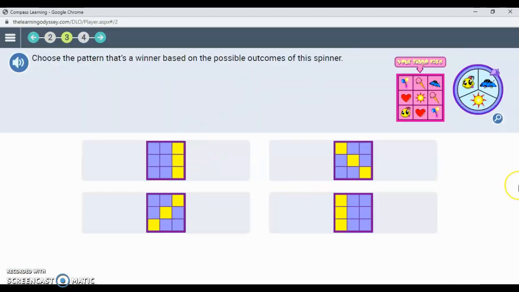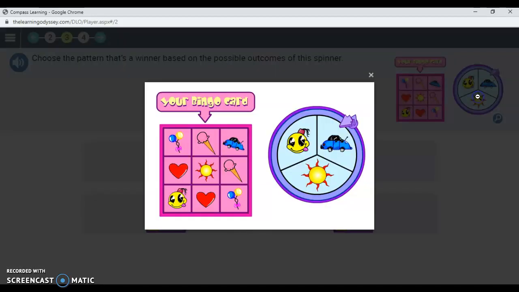Choose the pattern that's a winner based on the possible outcomes of this spinner. Okay, so we're going to choose the pattern that's a winner based on the possible outcome of the spinner. So the spinner is showing the smiley face, a car, and the sun. So what is the possible outcome for these that you could win?